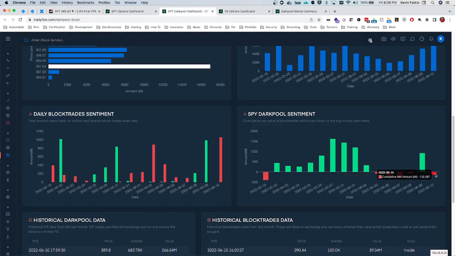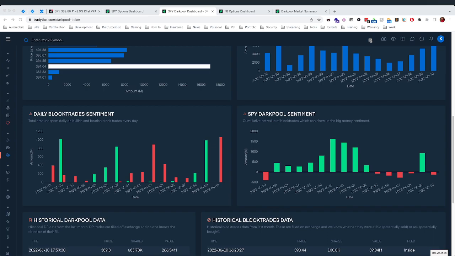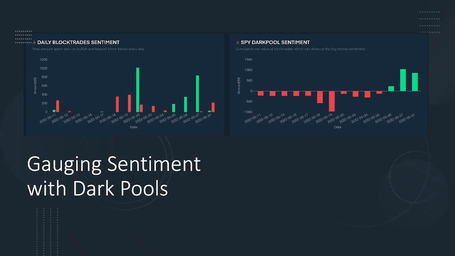But it does help tell us, okay, we had that bullish run up, and then things start dying down, and then we start chopping sideways, and the dark pool sentiment is confirming this, which is incredibly useful, especially when you're doing a weekly or daily analysis going into the day. I highly recommend checking dark pool sentiment as well as gamma exposure at the start of every day.